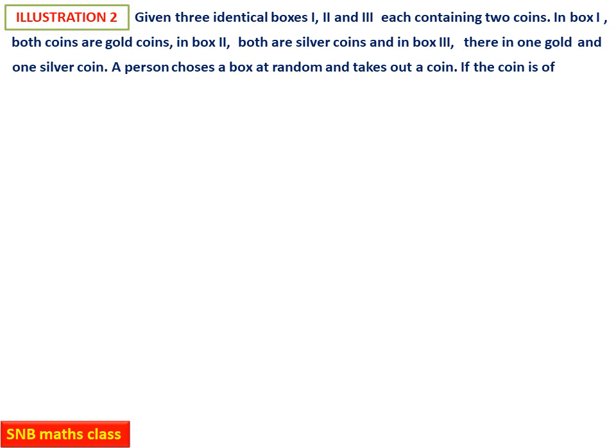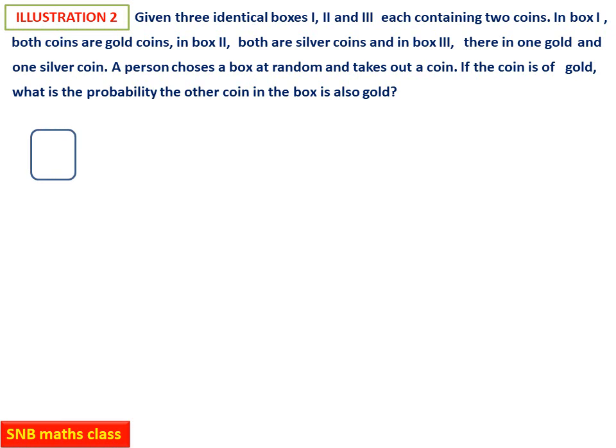A person chooses a box at random and takes out a coin. If the coin is gold, what is the probability that the other coin in the box is also gold? This problem is unnecessarily complicated by asking what is the probability that the other coin is also gold. It creates a little confusion sometimes in students. So let me first explain what the problem is so that it will be clear.